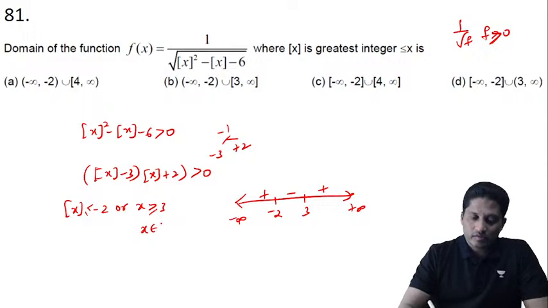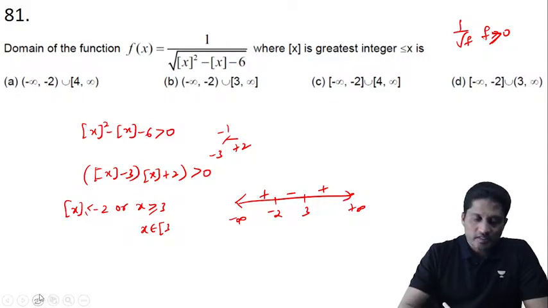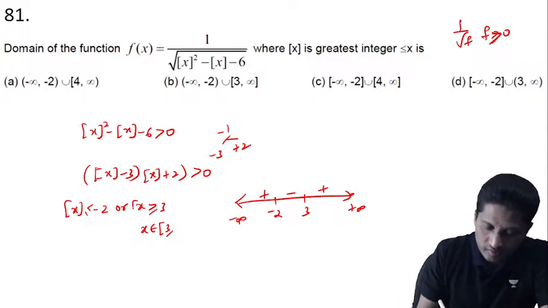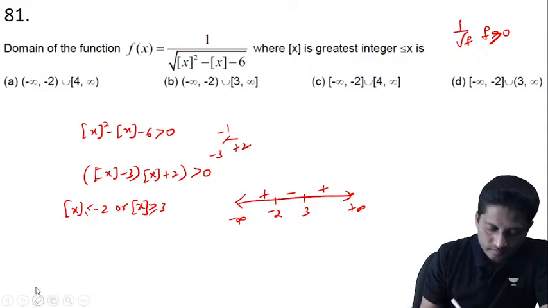Between 2 and 3, no. So box x is greater than or equal to 3, right? Now if box x is greater than or equal to 3, x belongs to closed interval 3 to infinity.